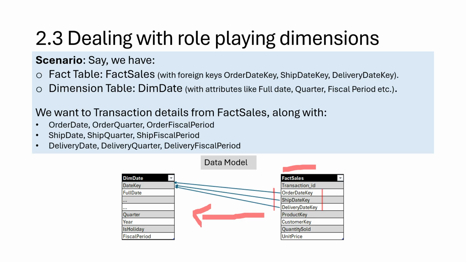The scenario here is that we want to retrieve transaction details from the fact sales table along with order date details, ship date details, and delivery date details.